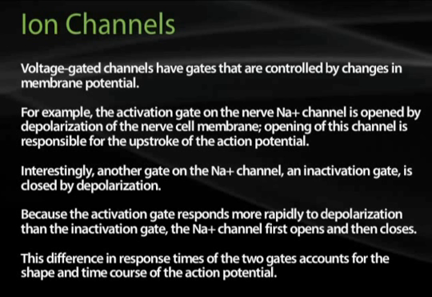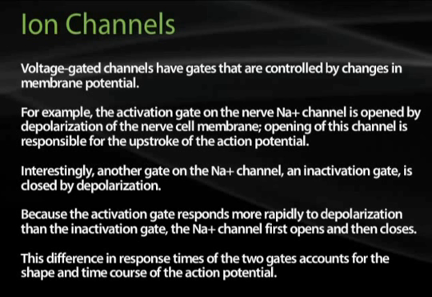Voltage-gated ion channels have gates that are controlled by changes in membrane potential or voltage. For example, the activation gate on the nerve sodium channel is opened by depolarization of the nerve cell membrane. Opening of this channel is responsible for the upstroke of the action potential.